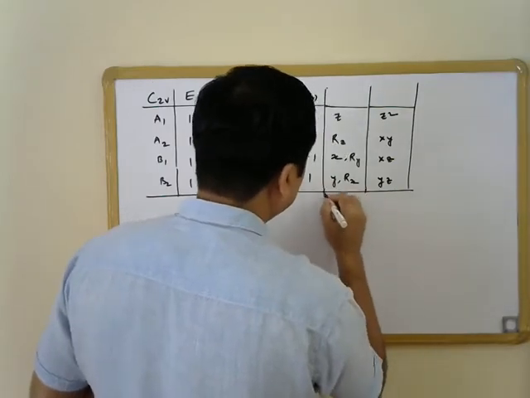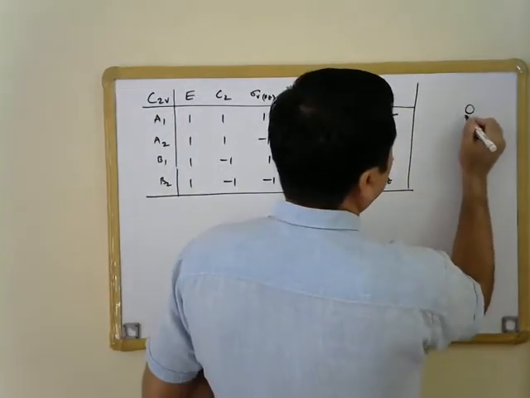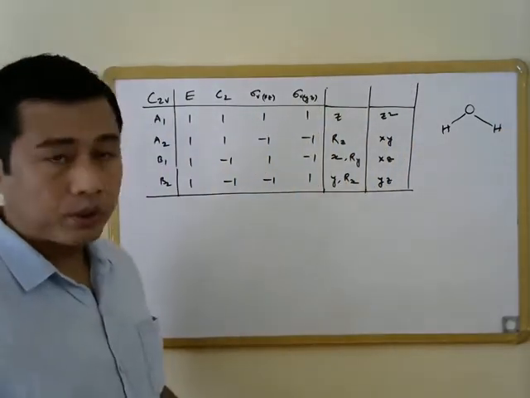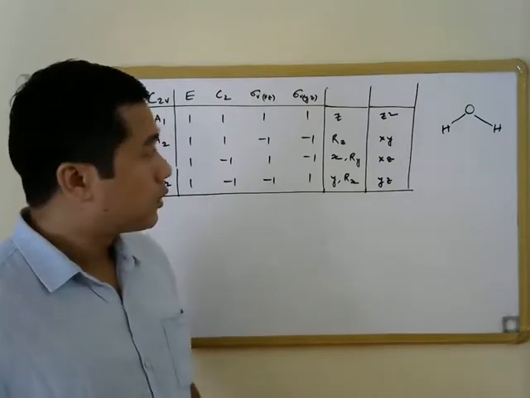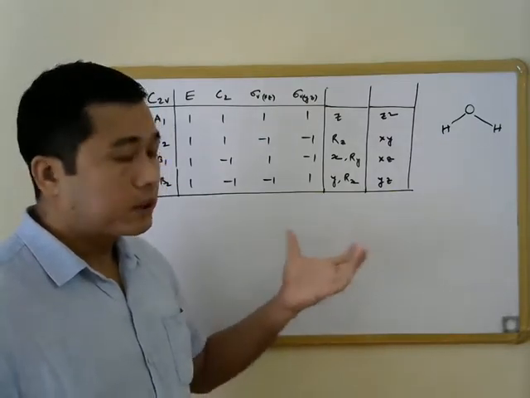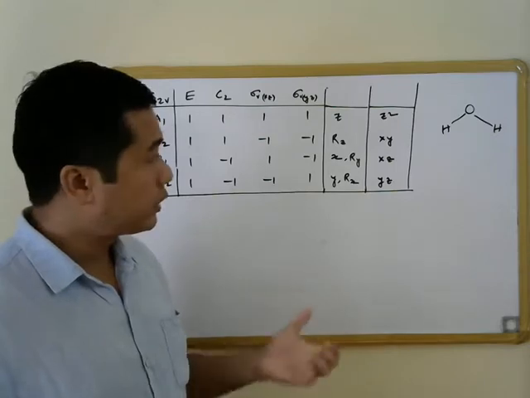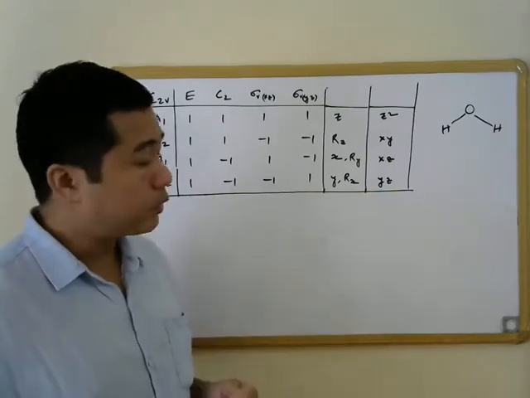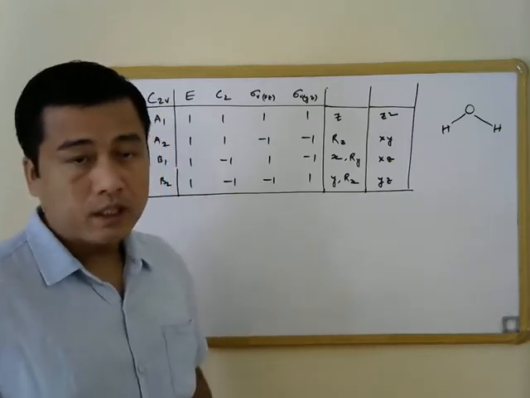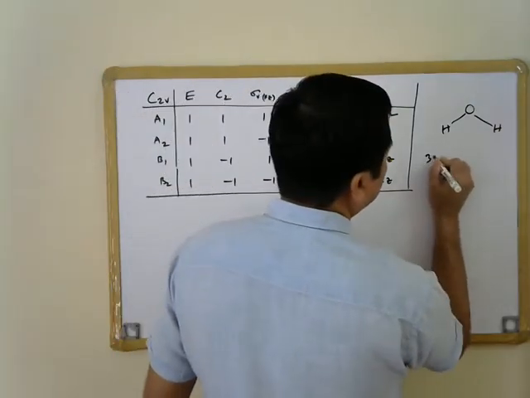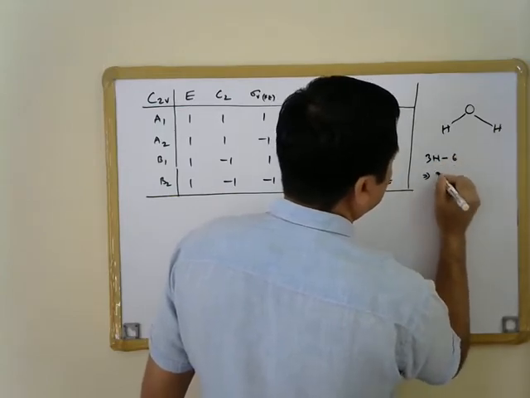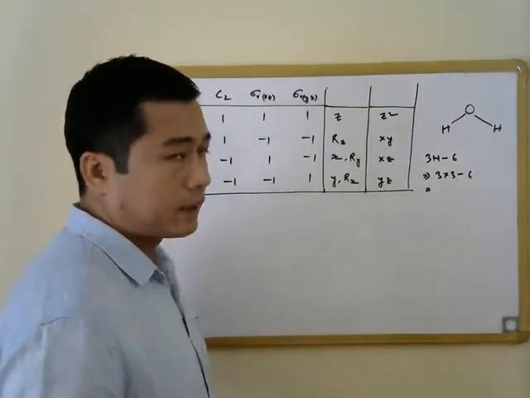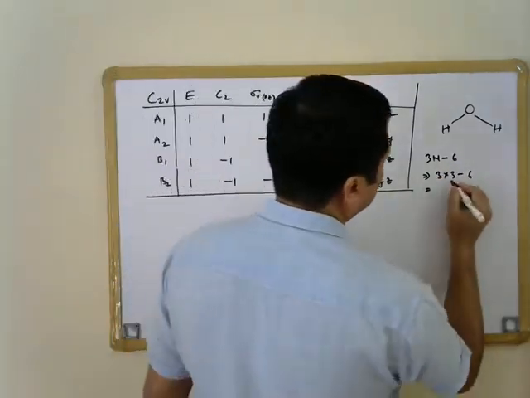Now if we want to find out the symmetry of different vibrational modes in water, what we know here is that there are 3 atoms in this water molecule, and there are a total of 9 degrees of freedom. That is 3 into 3 is equal to 9, and if we do 3n minus 6, then we get an answer equal to 3.